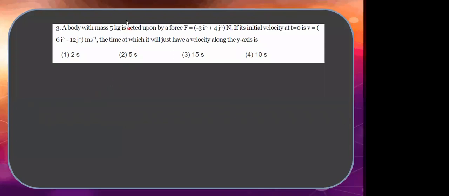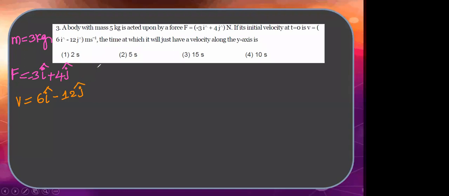First, according to the given data, the mass of the block is given as 5 kg. The force acting is F equal to minus 3i cap plus 4j cap. Next, the velocity v is equal to 6i cap minus 12j cap.